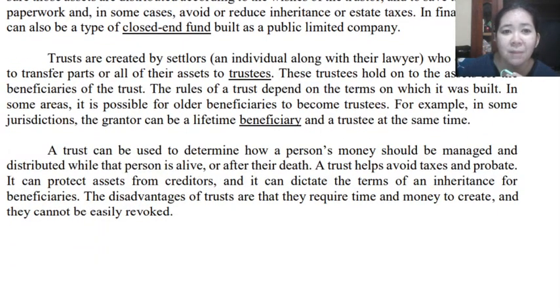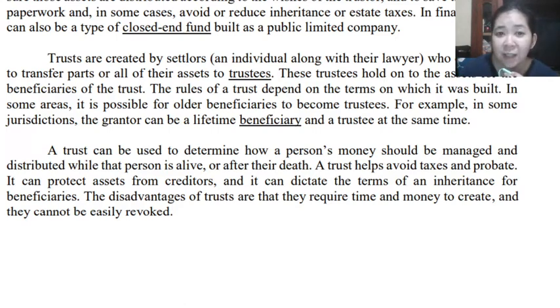A trust can be used to determine how a person's money should be managed and distributed while that person is alive or even after that person's death. A trust will help avoid taxes and probate. It can also protect assets from creditors, and it can dictate the terms of an inheritance for beneficiaries.